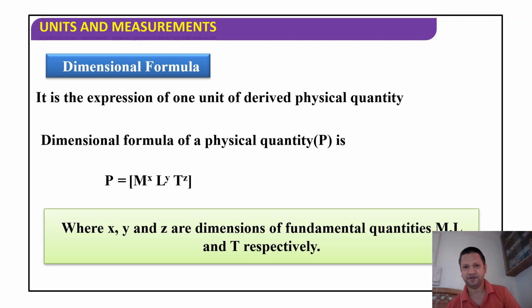For example, in case of length, the dimension of length is L, and it has a power 1. Whatever it is, it may be x or y or z, suppose here it is y. So these x, y and z are the dimensions of these fundamental quantities.